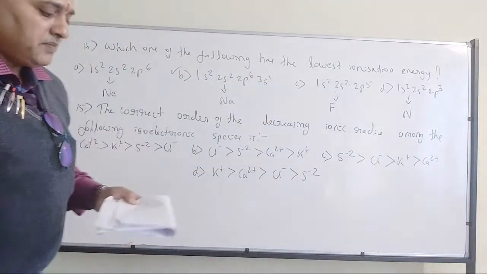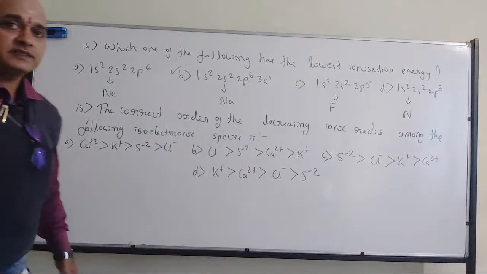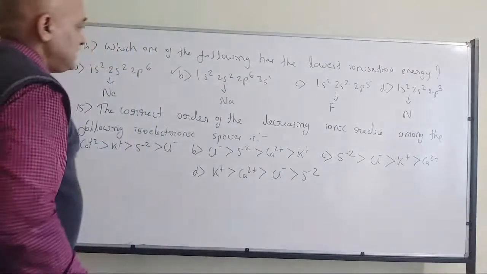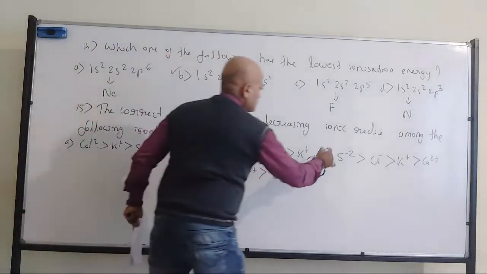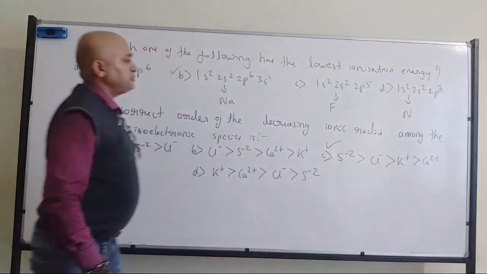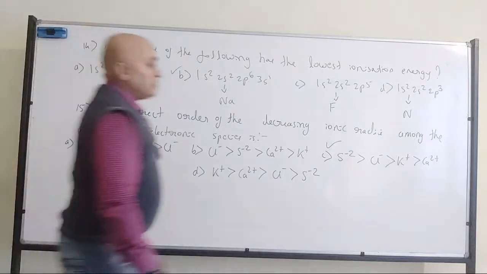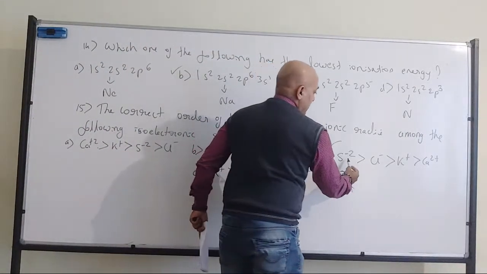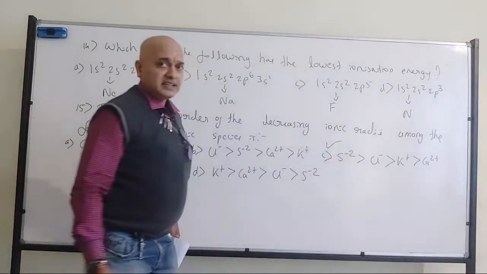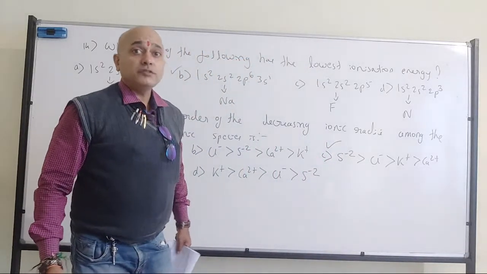So all of them are isoelectronic species. So option C, that means we are talking about this one. Naturally that should be the one, because the more negatively charged ion is on the left side, that has the highest ionic radii. Yes, all of you are absolutely right.